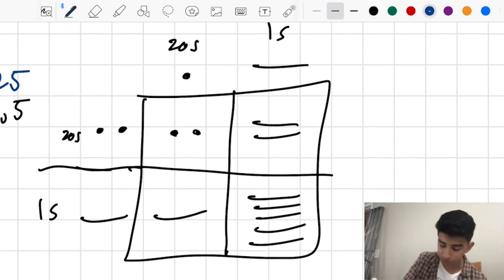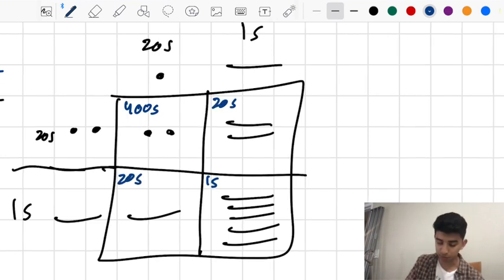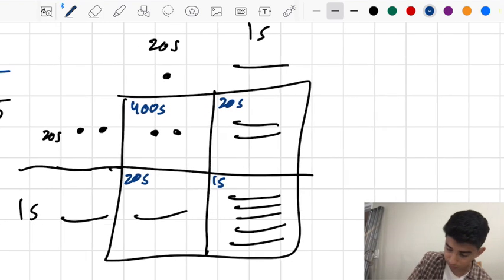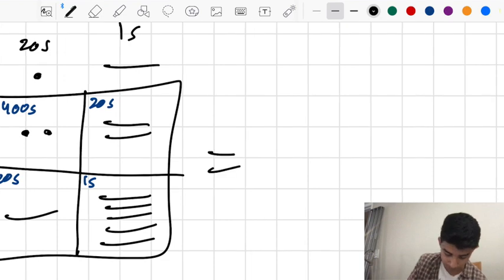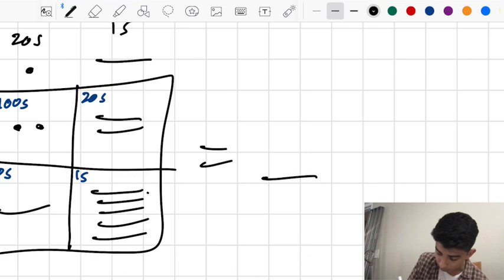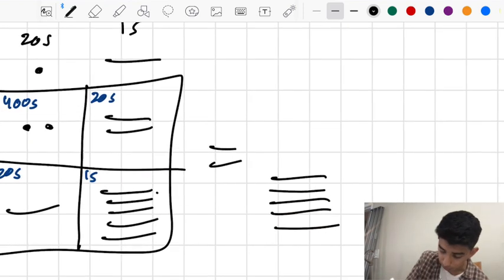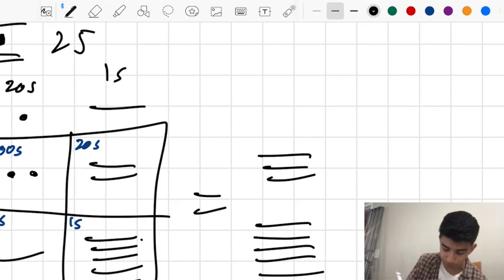And we can actually state, as they did, this is the 400s place, this is the 20s place, this is a ones place. So we can actually just move everything over here. So in the ones place, we're going to have 1, 2, 3, 4, 5 bars. In the 20s place, we're going to have 3 bars. And in the 400s place, we're going to have 2 dots.